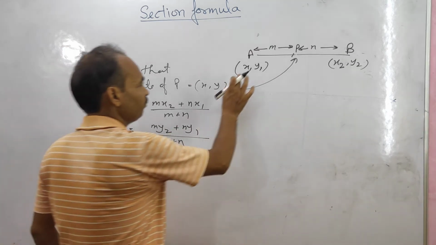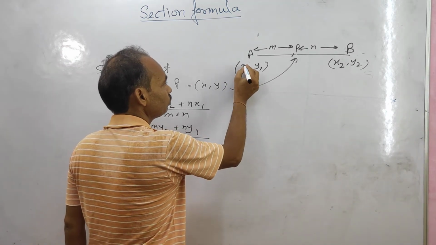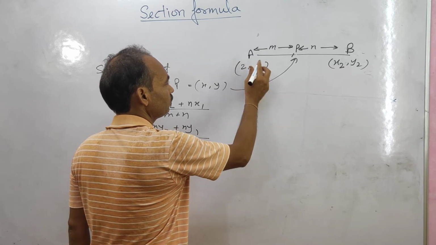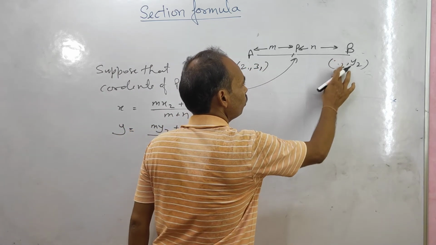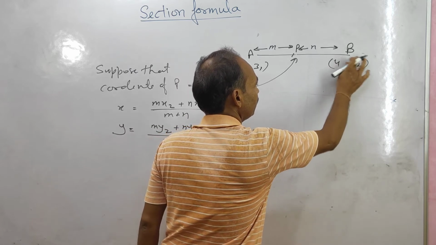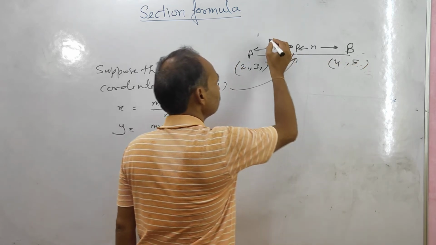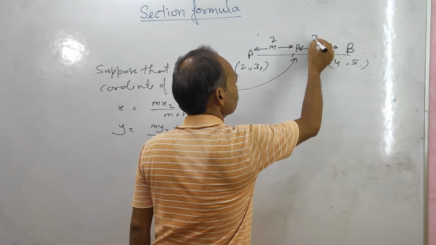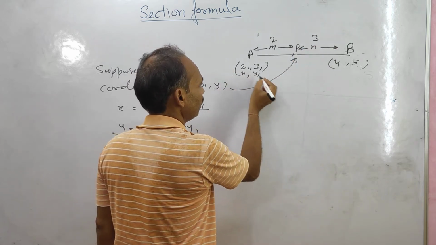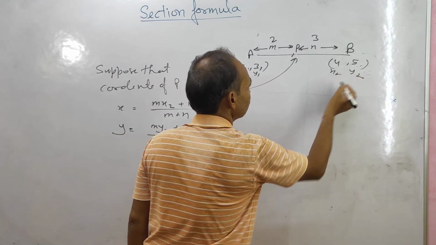If you take an example: x1, y1 is (2, 3) and x2, y2 is (4, 5).